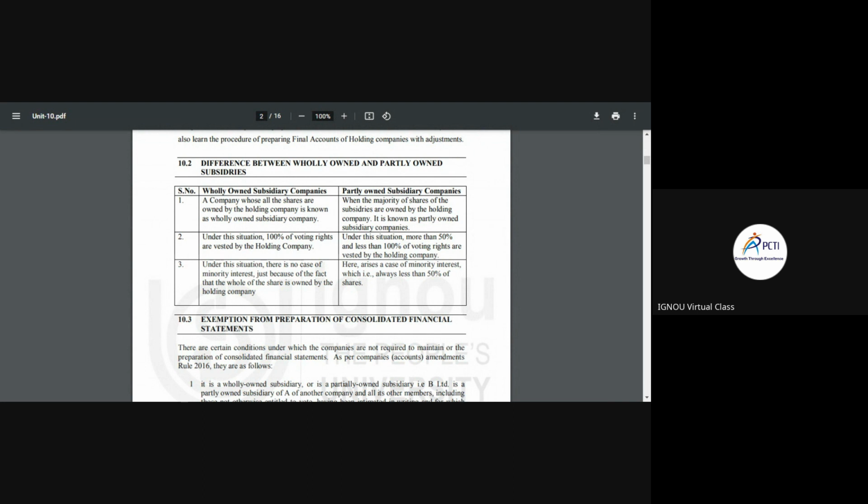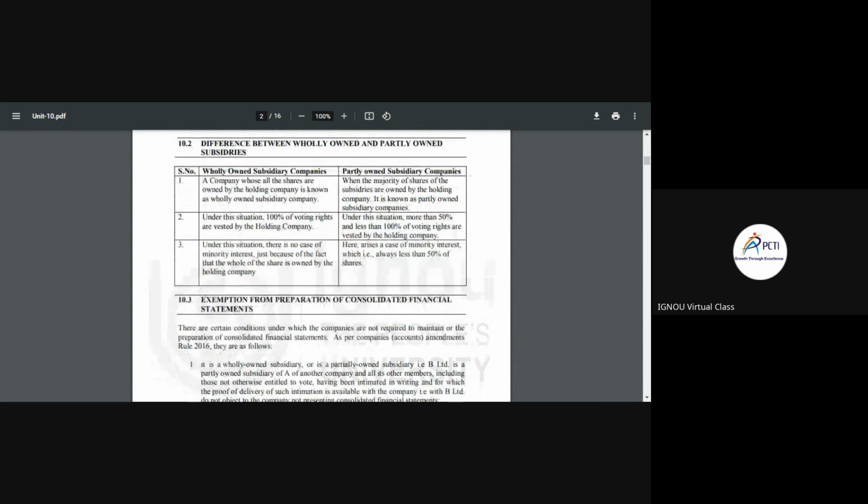Next, the case of minority interest actually arises in a partly owned subsidiary, in which there is always less than 50% of the shares outside the holding company, so we need to calculate the minority interest also.